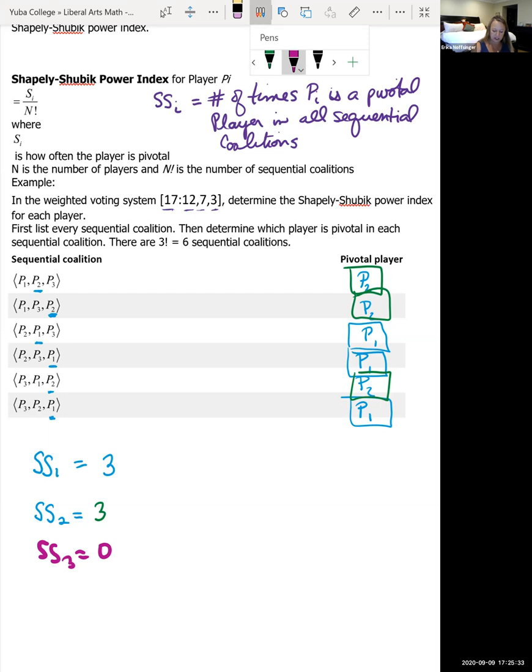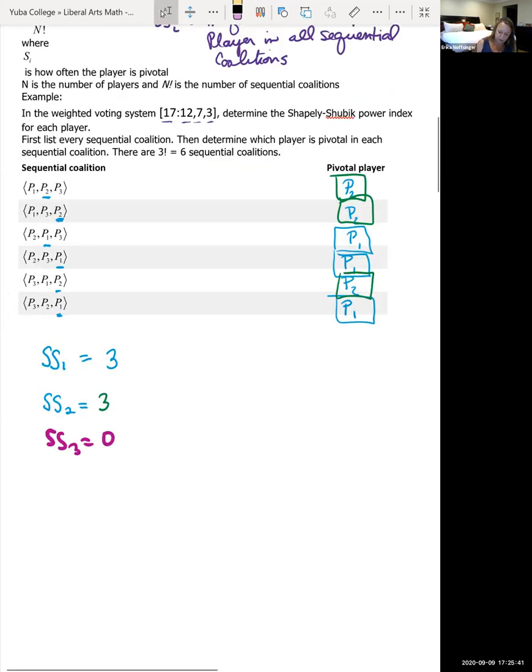They denote the Shapley-Shubik index with the Greek letter rho. I believe it's rho. So I'm going to note it: rho sub i is equal to SSI all over n factorial, where n is equal to the number of players.